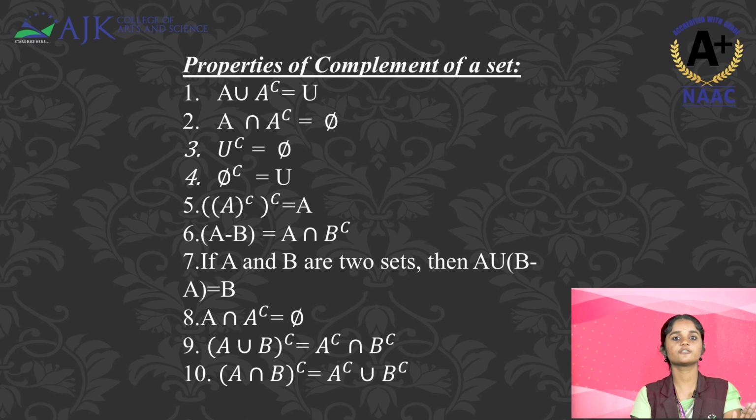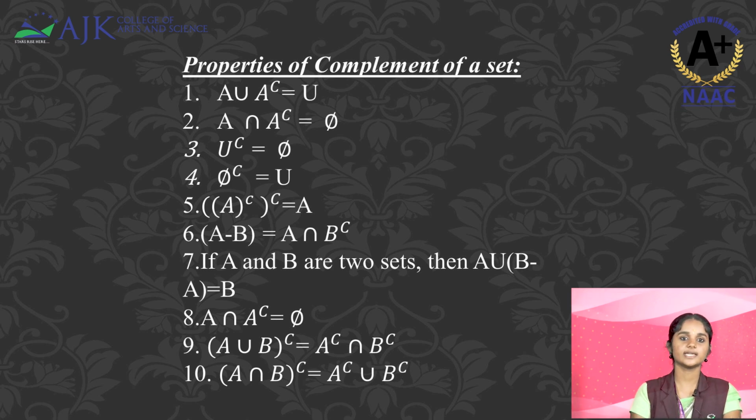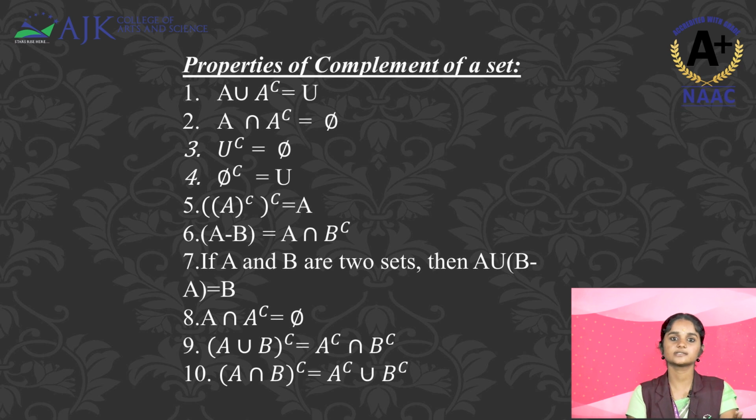Same as the difference of two sets, here also we are considering two sets, set A and set B. The first property is A union A complement equals U, and the second property is A intersection A complement, that is the empty set. The third property is the universal set complement equals the empty set, and the fifth property is the complement of A complement is equal to A. And the sixth property is, if A and B are two sets, then A union B difference A is equal to B.